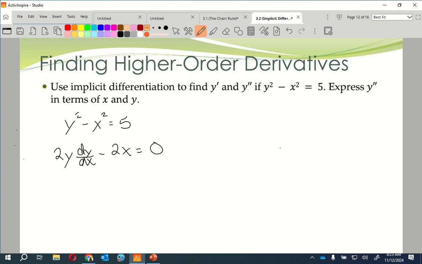And the whole point here is to get my dy/dx by itself. And that's going to make all my life easier.